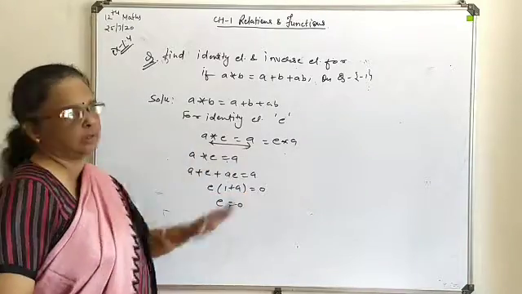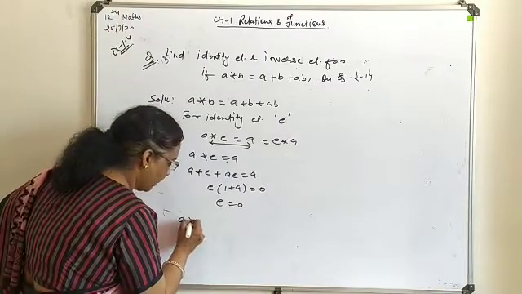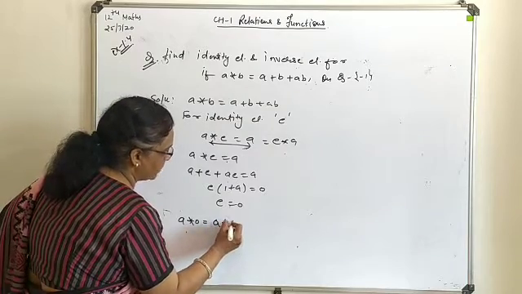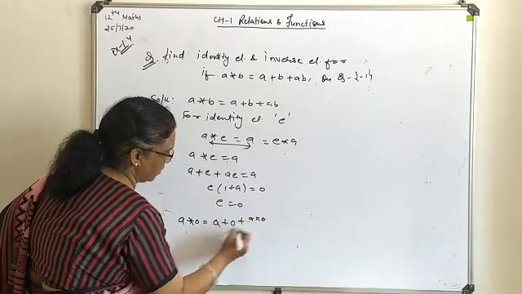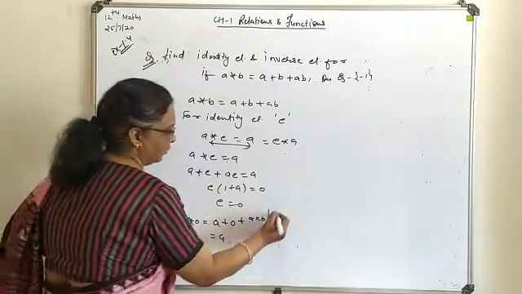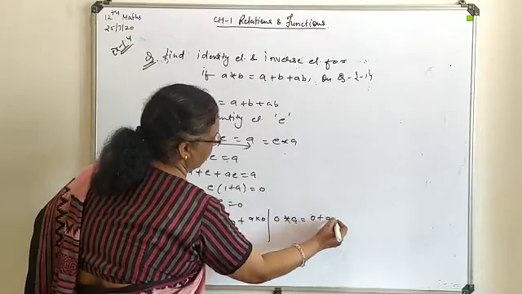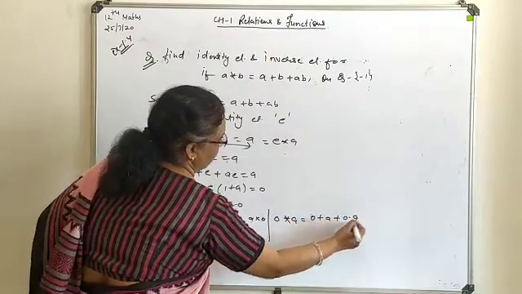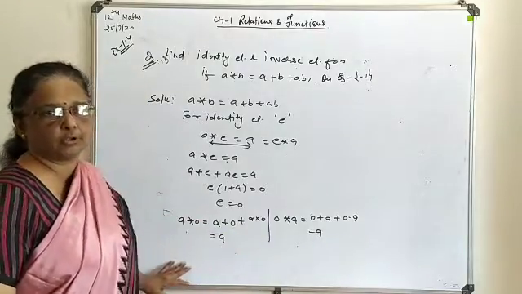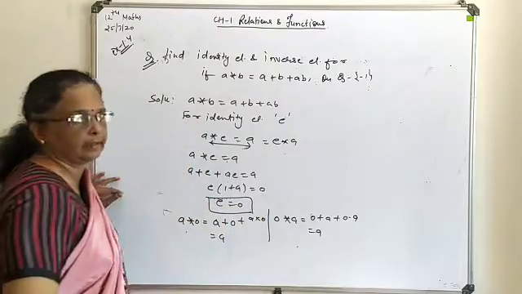Now check for the commutative law before finalizing this value. So here A star 0, what will it give? A plus 0 plus A into 0, meaning you will get A. Secondly you will go for checking the reverse order, that means 0 plus A plus 0 into A, meaning again you will get A. Meaning the commutative law exists here, so this value you can finalize as the identity element.